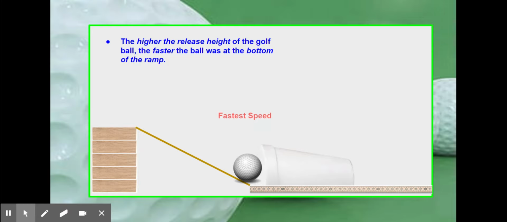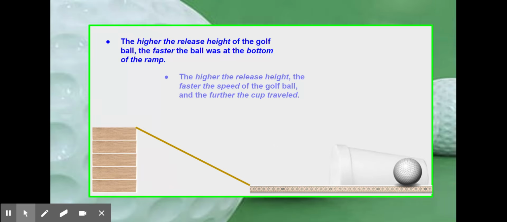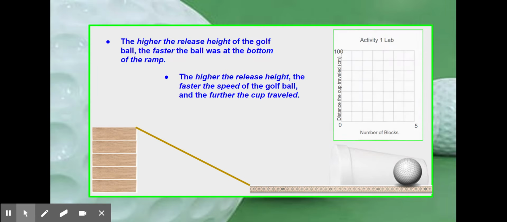We also found out that when that golf ball hit the back of the cup, because it had a higher release height and a faster speed, the cup traveled much further. If we were to graph our results, we would see that as we increase the number of blocks, the distance traveled by the cup increased as well.